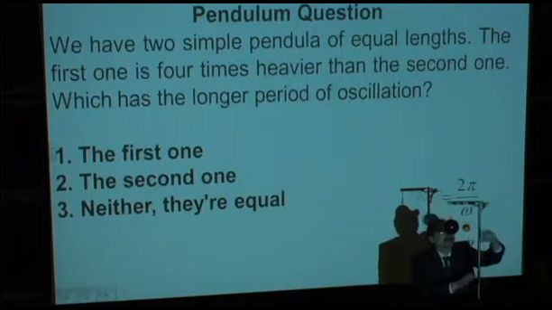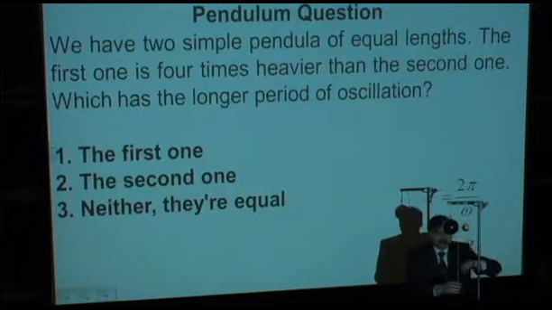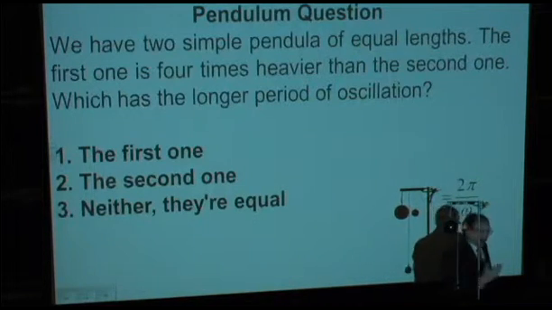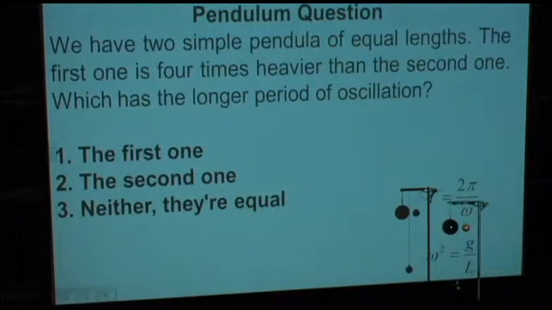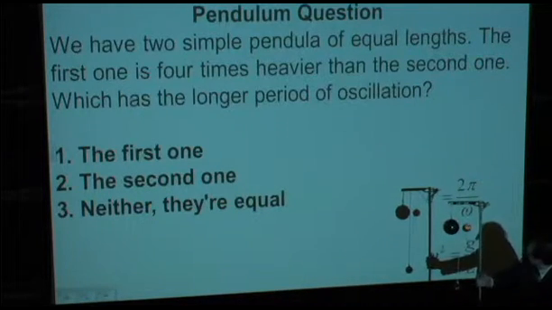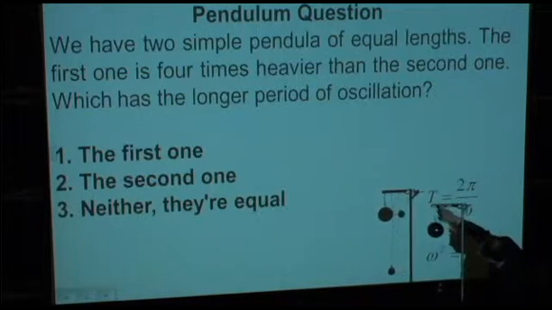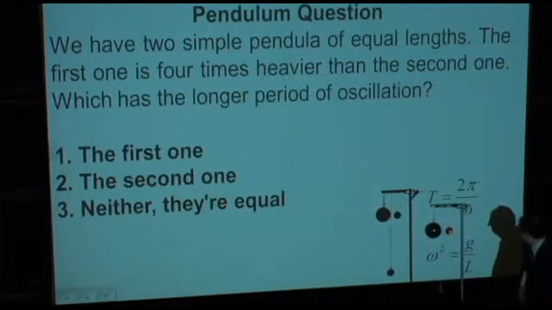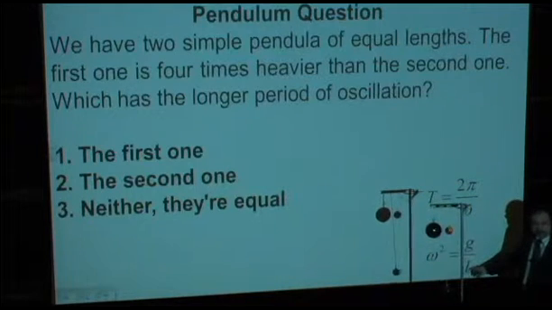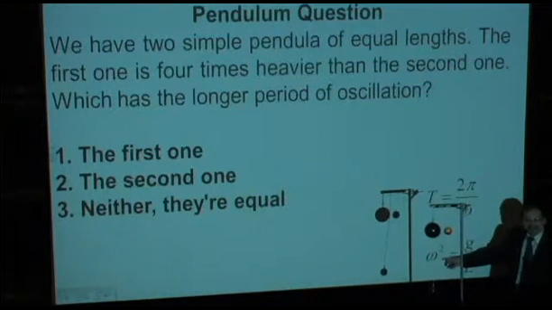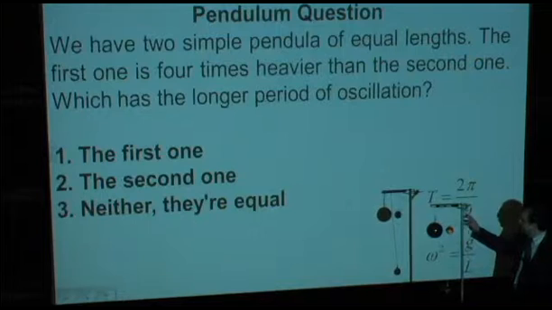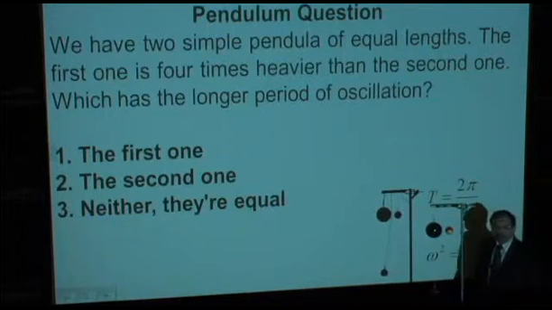What if we have two identical balls, but one is longer, one is shorter? Which is going to have more period? Well, of course, here, the relationship: if you're increasing the length, you're decreasing the frequency, increasing period.